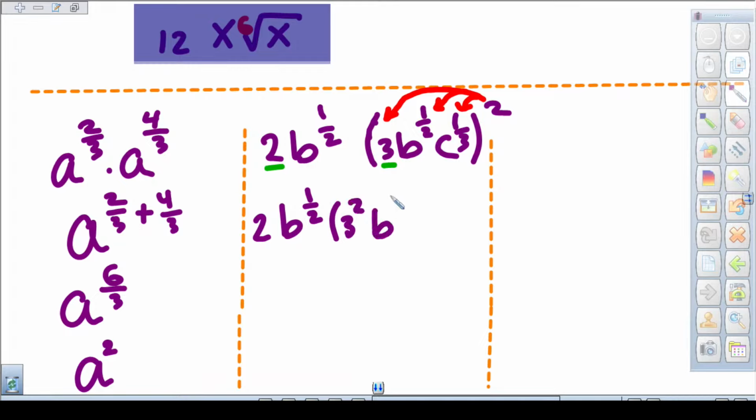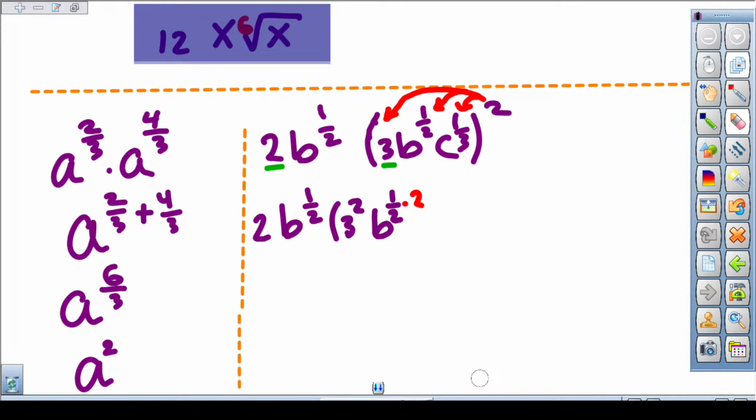b to the 1/2, and I'm going to change the color here, times 2. Looks like I need more room here. And the c has a 1/3 times the 2.